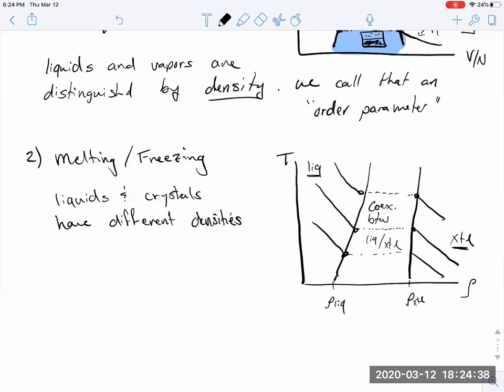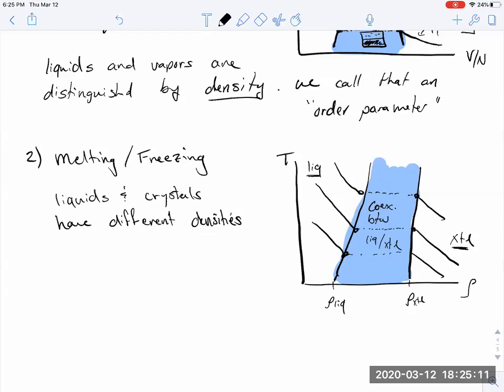If I set the system density to be something intermediate to what the system would like to be in a liquid or like to have for its crystal, the way it would mediate that is by forming both in some proportion. And there's a region of coexistence between the region of pure phases on the far right and far left. So indeed, liquids and crystals do have different densities.